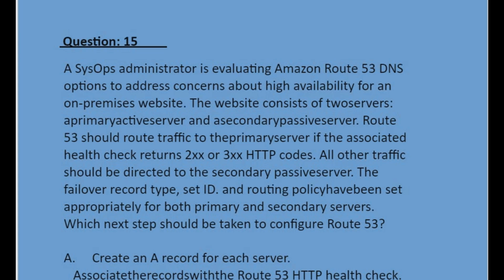Route 53 should route traffic to the primary server if the associated health check returns 2XX or 3XX HTTP codes. All other traffic should be directed to the secondary passive server. The failover record type, set ID, and routing policy have been set appropriately for both primary and secondary servers. Which next step should be taken to configure Route 53?